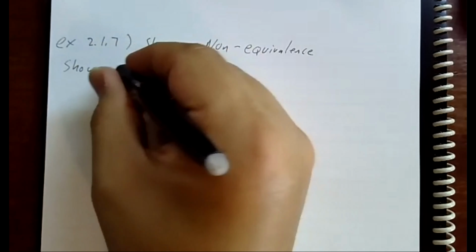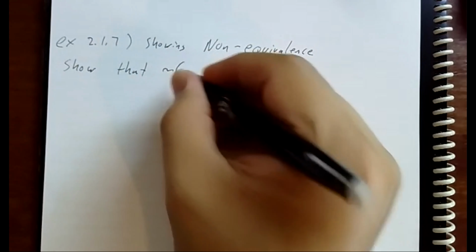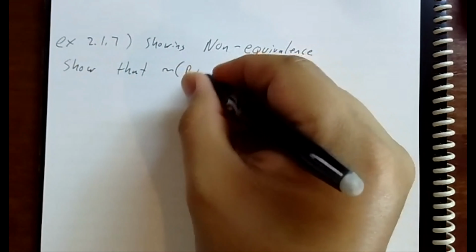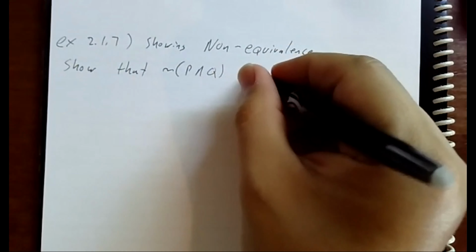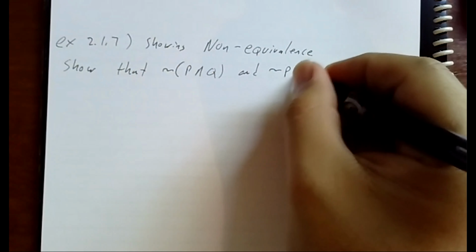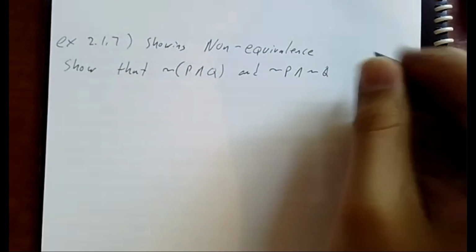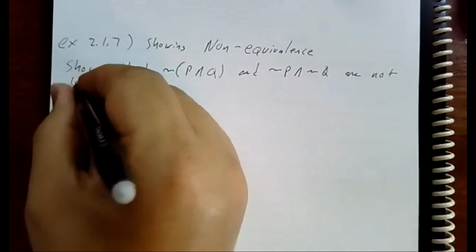Show that the negation of P and Q and not P and not Q are not logically equivalent.